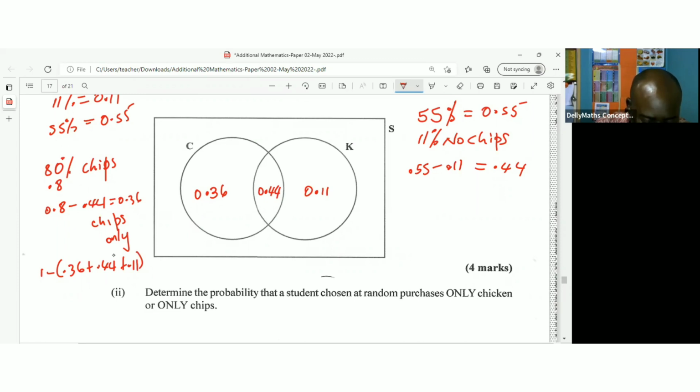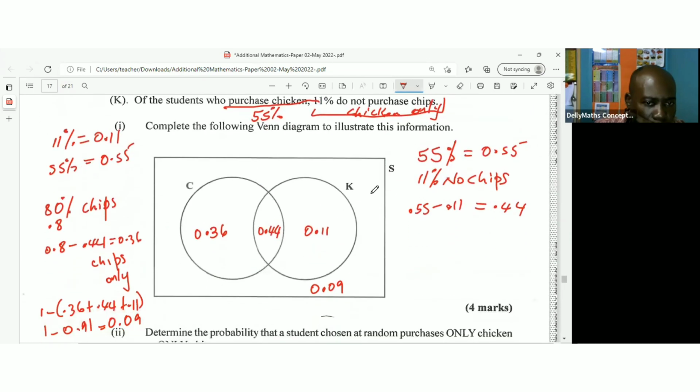So 0.36 plus 0.44 plus 0.11 is 0.91, and 1 minus 0.91 is 0.09, hold on. 0.09. So on the outside, I do have 0.09, which would be 9% if we're looking at it like that.